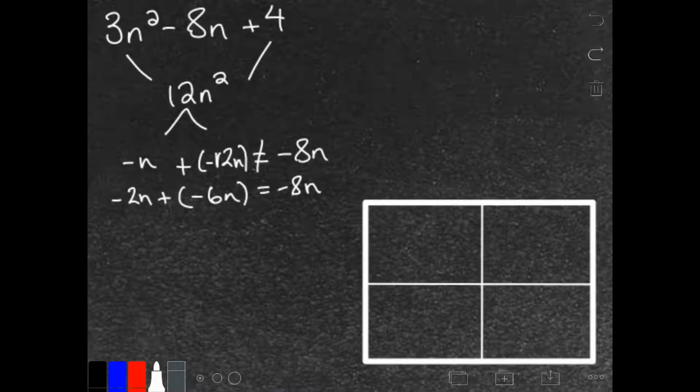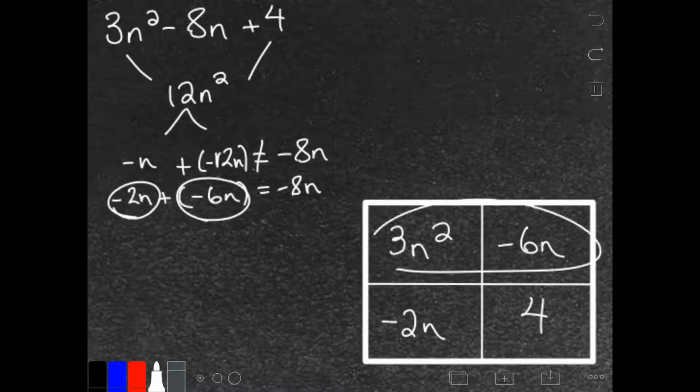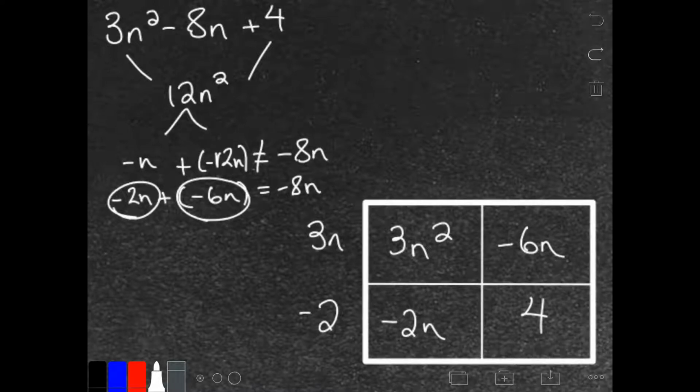So I have all my terms. A in the top left. C in the bottom right. And my new terms fill in the remaining boxes. Go ahead and factor. Well, I can factor out a 3n there. I can factor out a 2 here, bordering a negative box, make it negative.